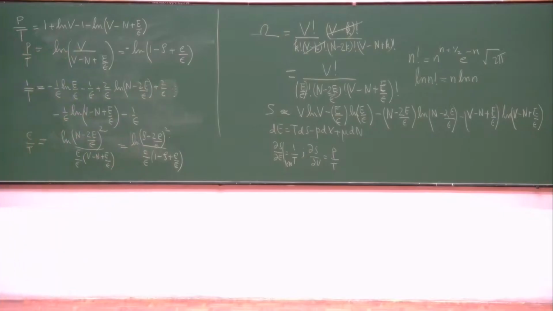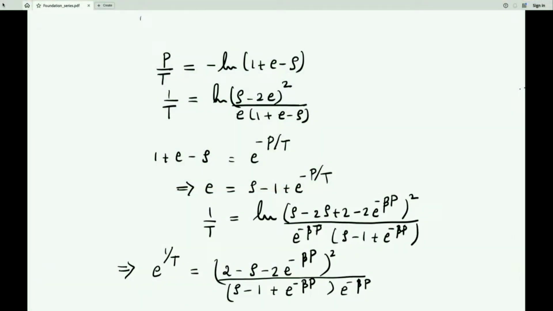Now I don't want to do this algebra. So let me first check whether I got the answer right. P by T is minus log 1 minus rho plus E, and epsilon by T is rho minus 2 epsilon the whole square by E into 1 minus 1 plus C minus rho.